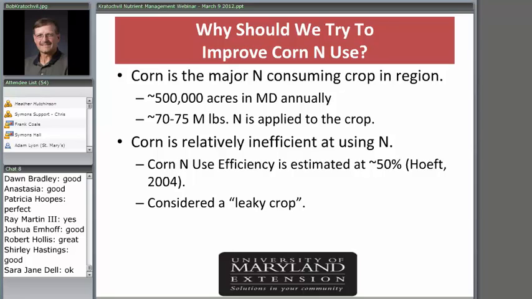Now, I'm sure you've also heard that corn is a relatively inefficient user of nitrogen, with nitrogen use efficiency estimated at around 50%. Because of this, corn is considered to be a leaky crop.